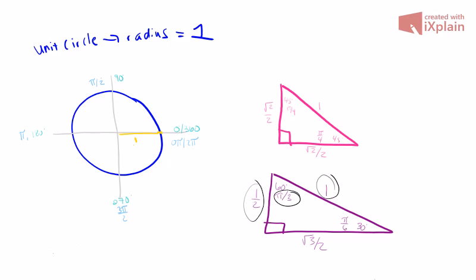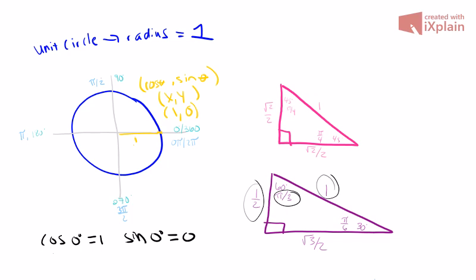So to get to this point, I would have to go to the right 1 and up 0. Remember that these are just my x and my y, which are my cosine and my sine. So if I asked you for, say, cosine of 0 degrees or 0 pi, that would be 1. If I asked you for sine of 0 degrees or 0 pi, that would be 0.